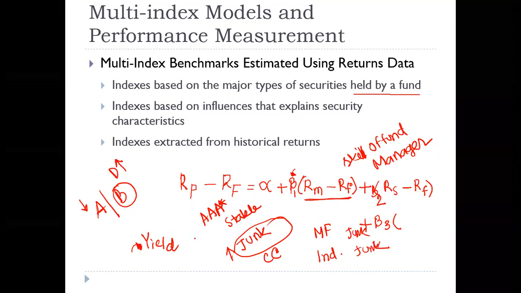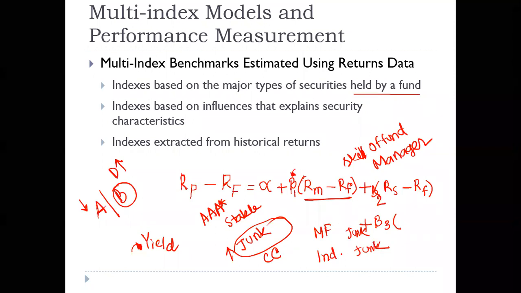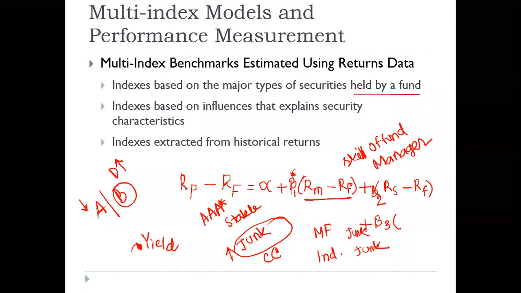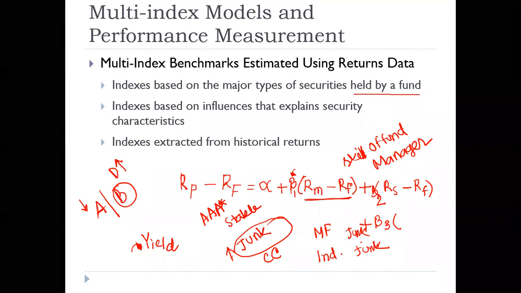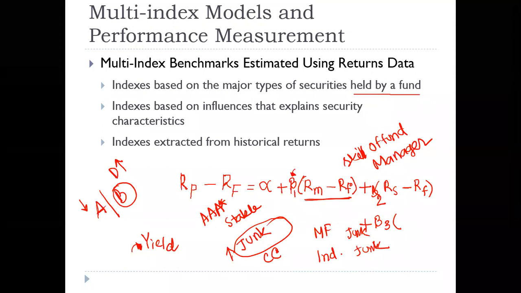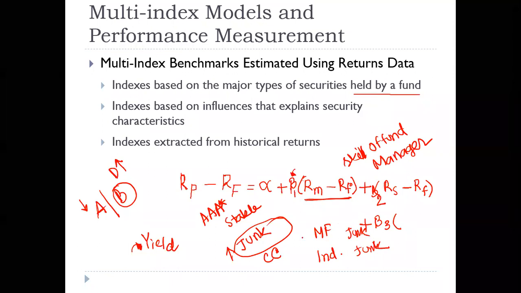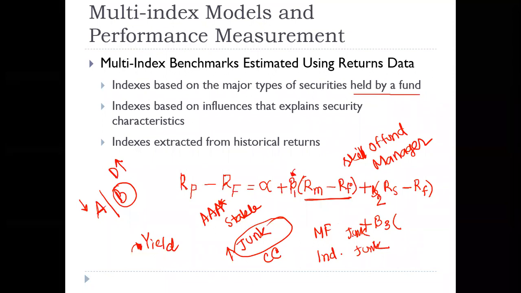We should have a higher return because junk bonds provide higher yield. That's why we are expected to have a higher return. So in that case, should the credit be given to the mutual fund manager, or to the holdings of junk bonds?